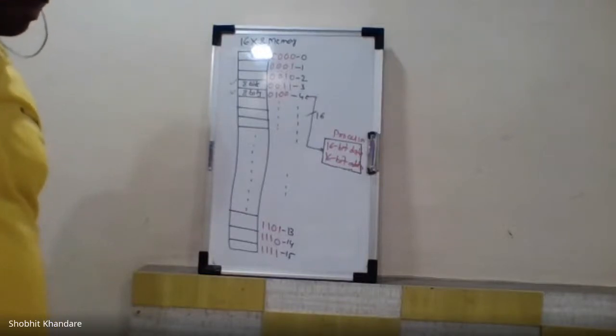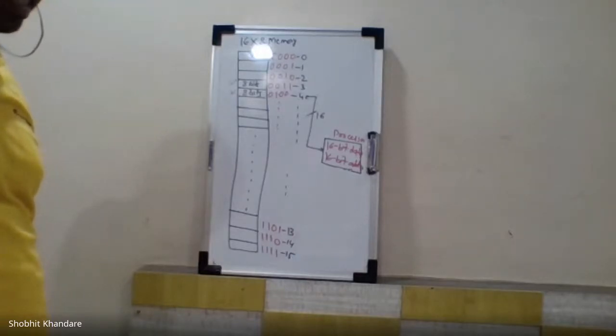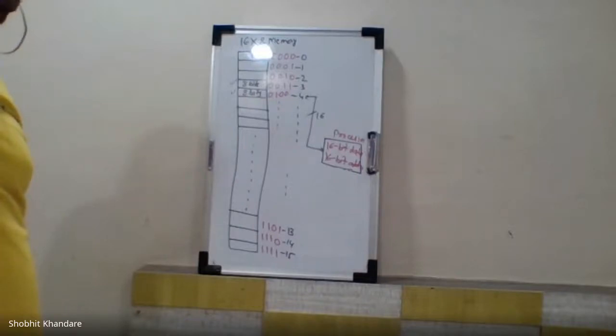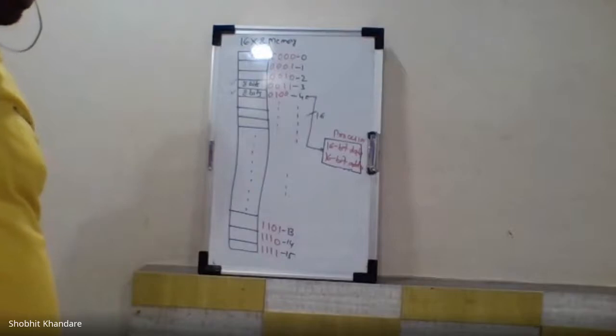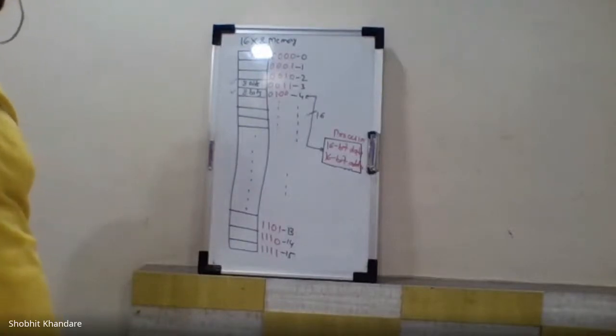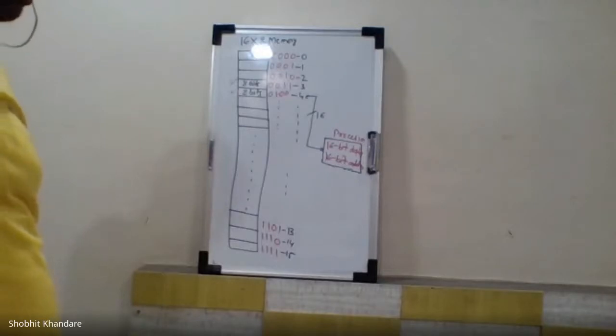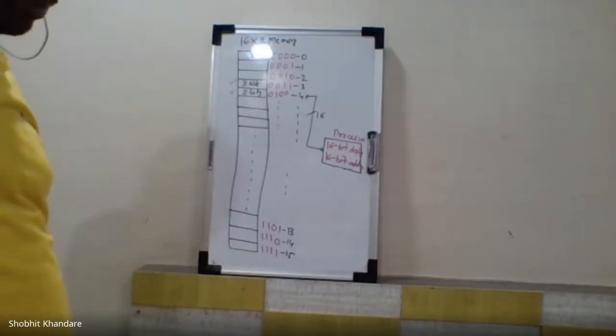Only one memory read cycle is required to read 8 bits of data from the memory. Full stop.